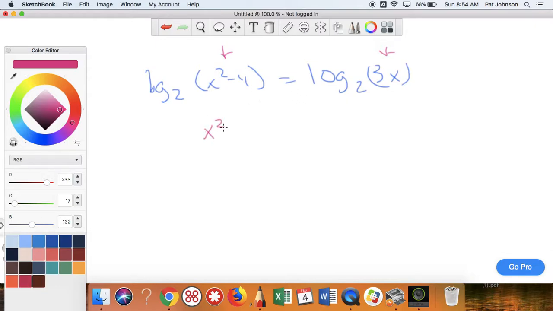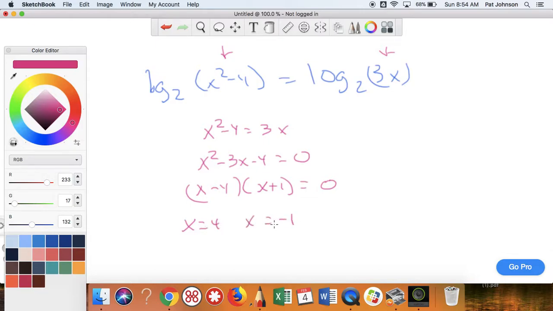Now I can say x squared minus 4 equals 3x. I can solve using algebra. And we notice we have a quadratic, so we're going to have to factor this, x minus 4 times x plus 1. If you need help, see me later and we can talk about this. So x equal 4 and x equal negative 1.